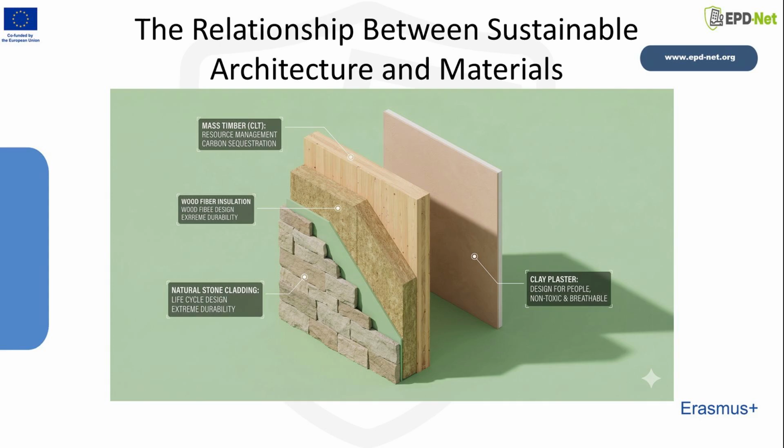Design for people focuses on user health, comfort, and quality of life. Materials affect indoor air quality, thermal comfort, acoustic performance, tactile experience, and psychological perception. When these three principles are considered together, building materials become a key component of sustainable architecture.